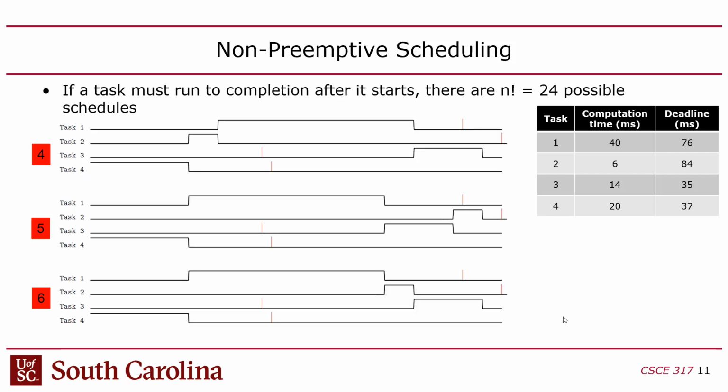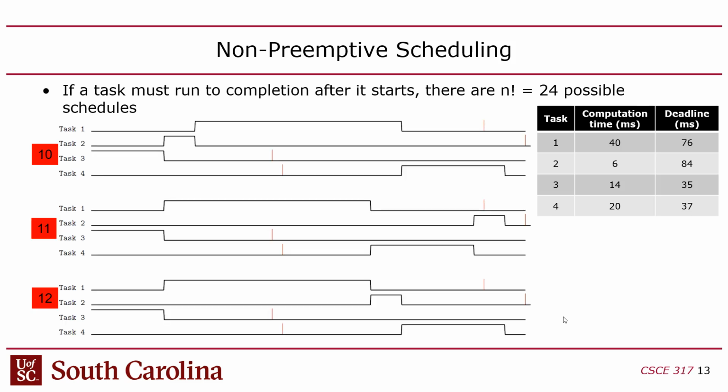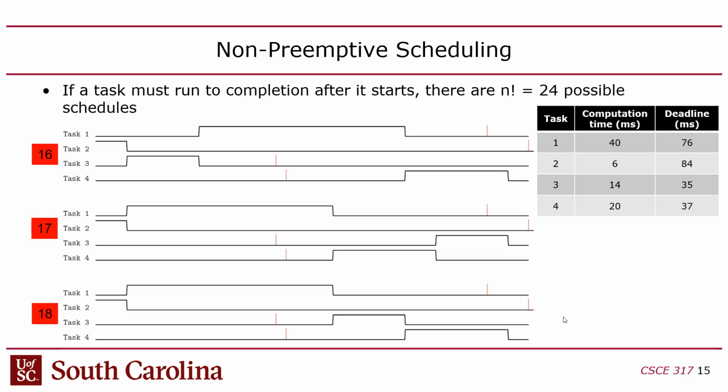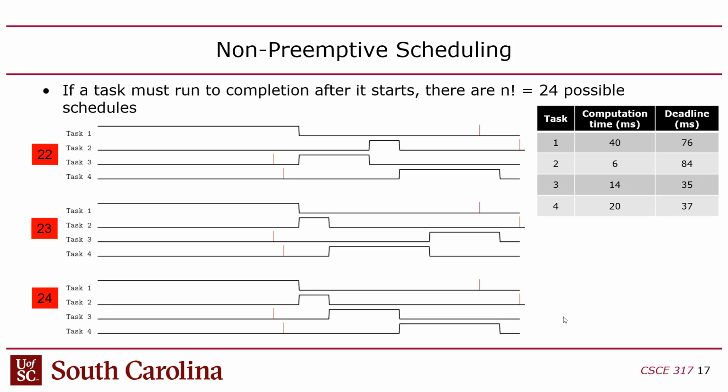And then I've got 4, 5, and 6, those different orders, they all miss a deadline. 7, 8, and 9 are 3 more orders, and number 8 does actually meet all the deadlines, but 7 and 9 do not. And then 10, 11, 12 miss, 13, 14, 15 miss, 16, 17, 18 miss, 19, 20, 21 miss, 22, 23, 24 miss, right?